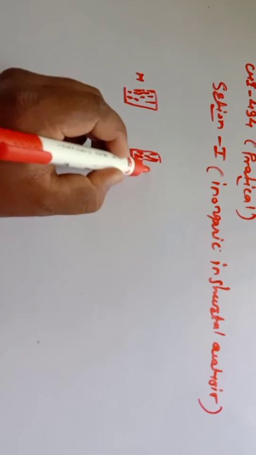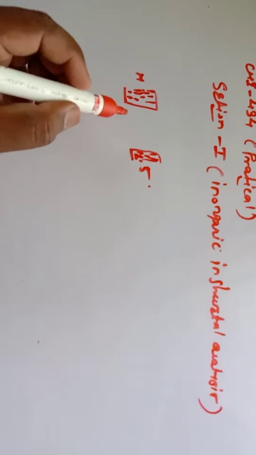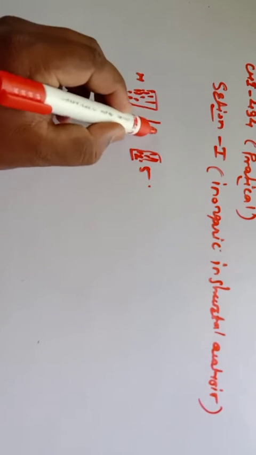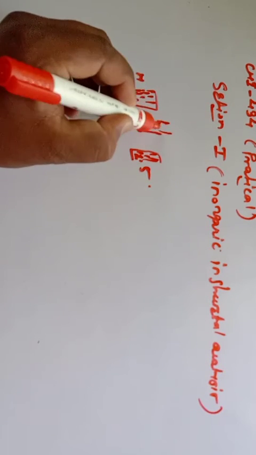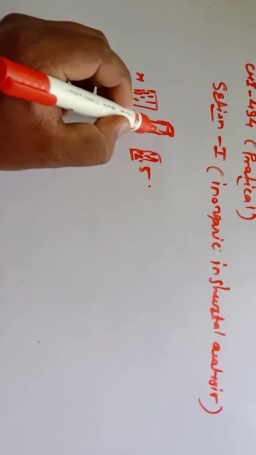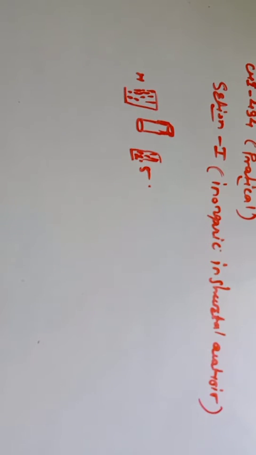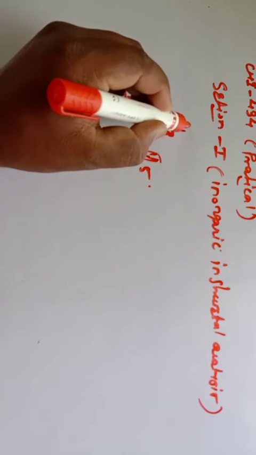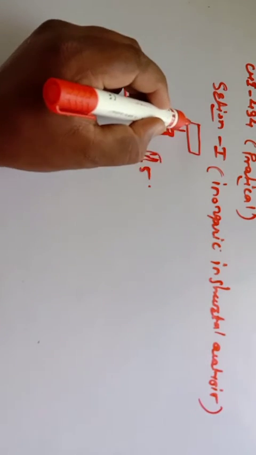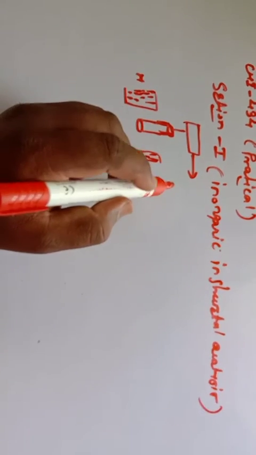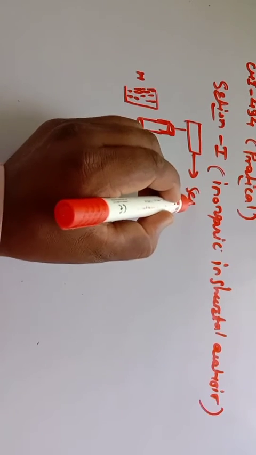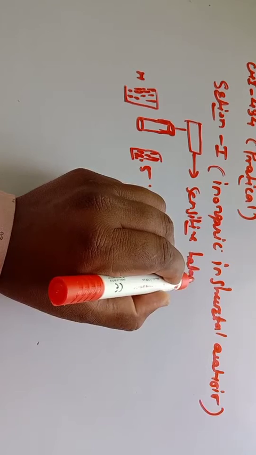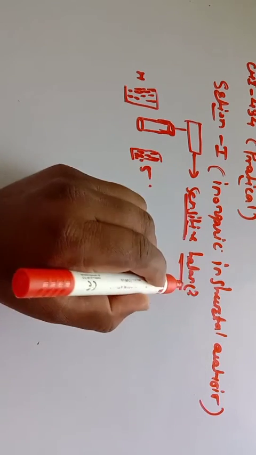Then this is the tube, and the tube is connected to the sensitive balance.